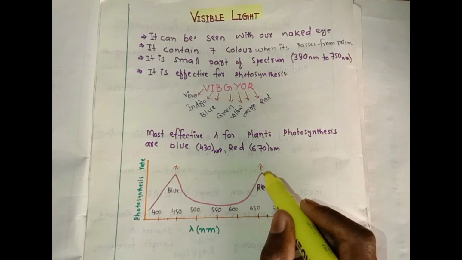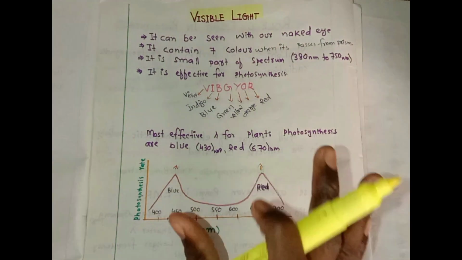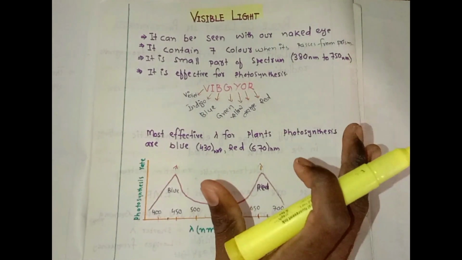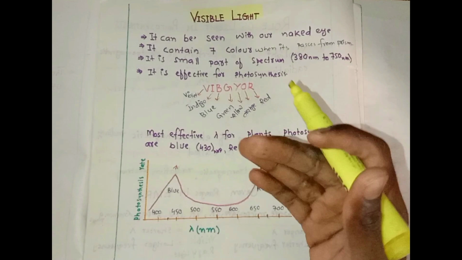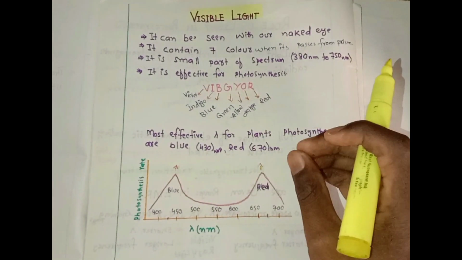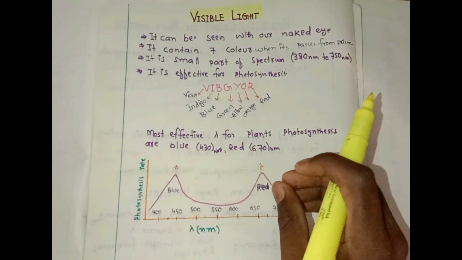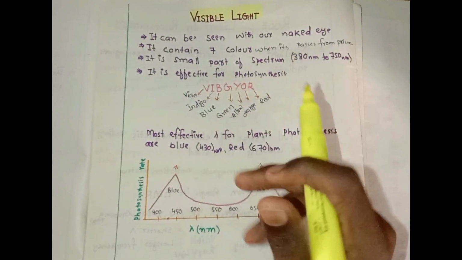Red has a wavelength of 670 nanometers. This graph shows which color is most effective for photosynthesis, when the rate becomes high, and when it becomes low. So this is about the graph and about visible light.